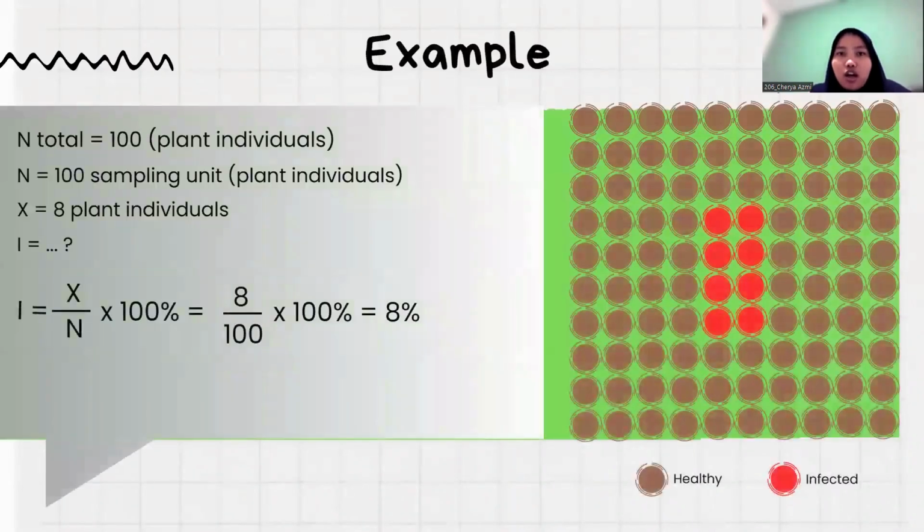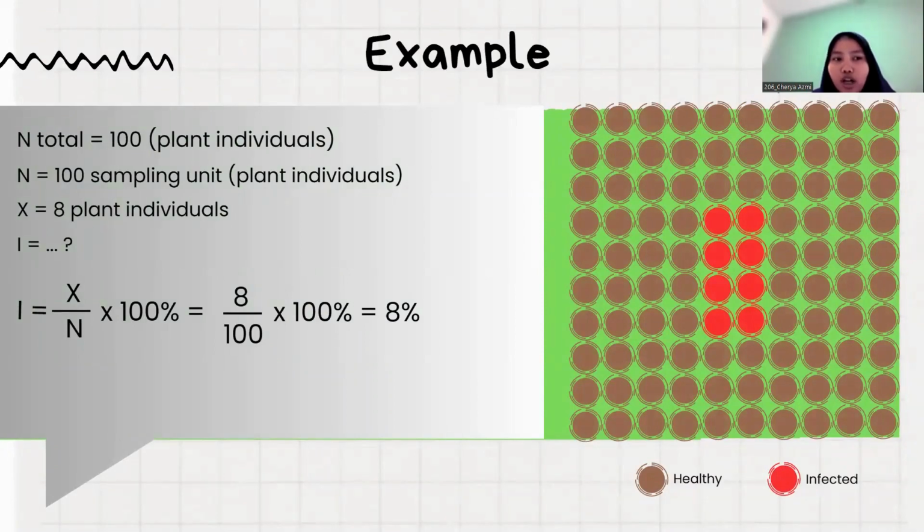Then this is an example of disease incidence. We have to know the total plants in the field. This is 100 individual plants, and then we have to know the sampling unit.